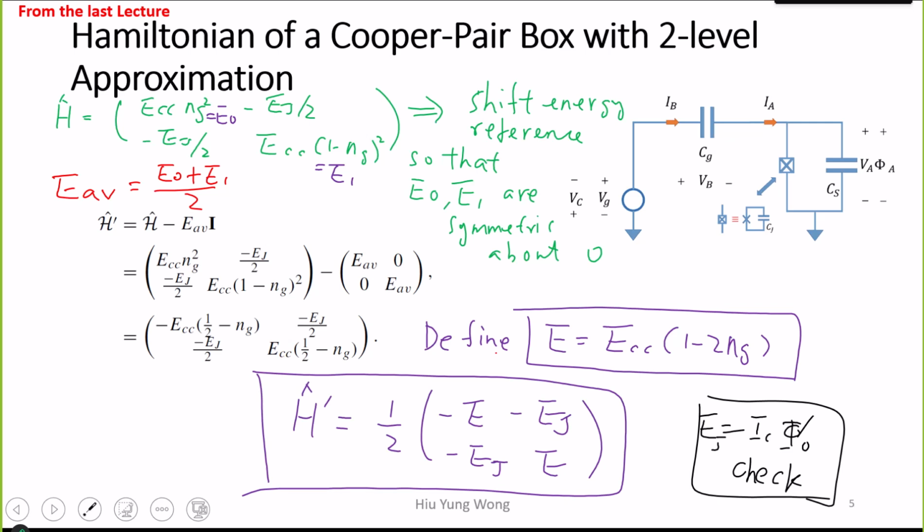Right? That is the beauty of this. So at this point, this is just math. Hopefully you can go through. I probably won't ask you to derive, but I hope that you can understand the derivation. But after all, you say that the Hamiltonian is half of, it's easy to memorize, negative E and E, and then the rest negative EJ, negative EJ.